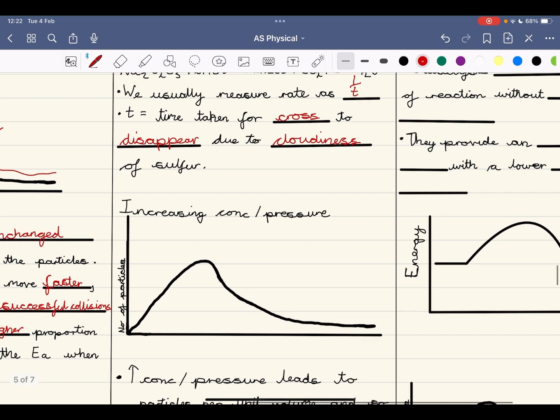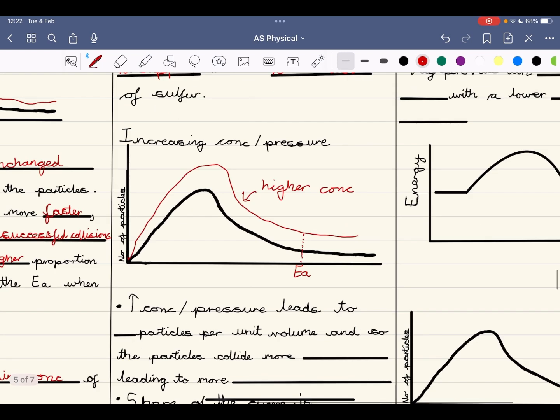If we increase the concentration or the pressure, basically you're increasing the number of particles, so you're increasing the area. So the whole graph will go up like this. And then as you can see, if we draw EA, there are more particles now on the right side of EA. So more particles have at least activation energy.